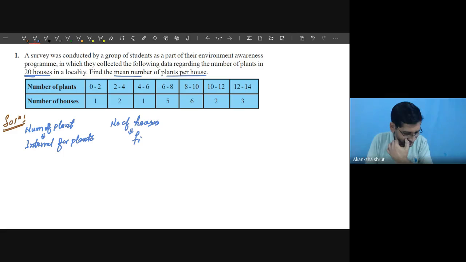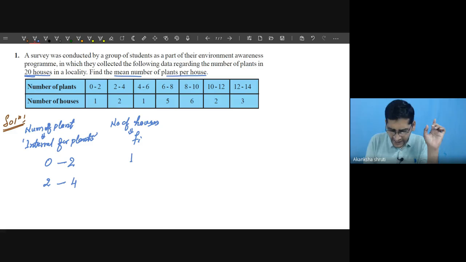This is the interval given. So if we are considering 0 to 2 plants, then there is only one house out of the 20 houses surveyed. It was found that it was containing either no plant or one plant or two plants. That was only one house. The next one is 2 to 4 plants. Then it was observed that 2 houses were containing plants in the range of 2 to 4.